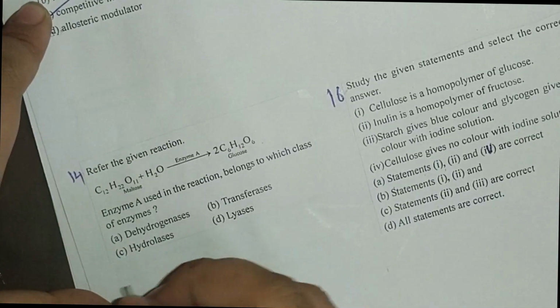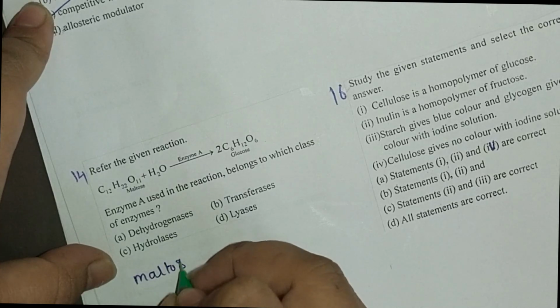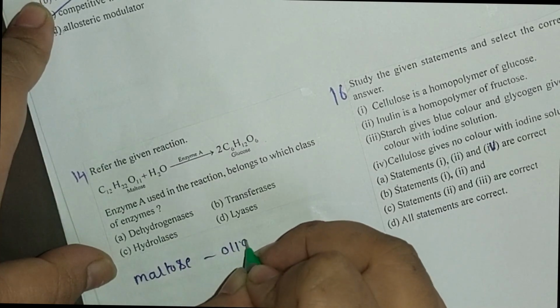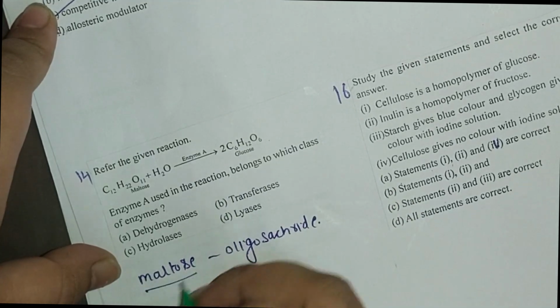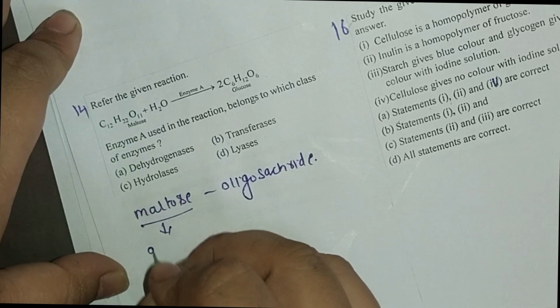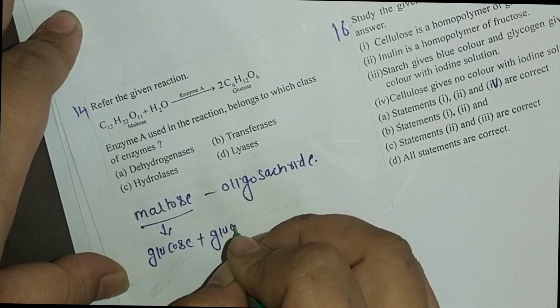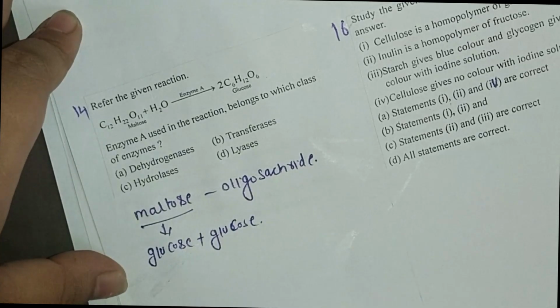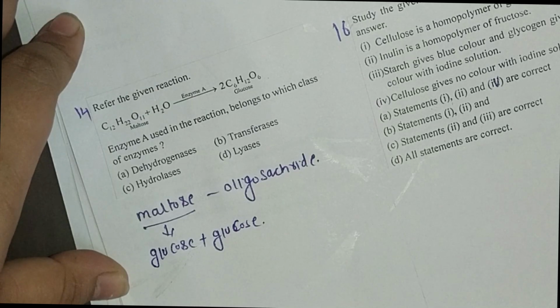Next is maltose. We have studied that maltose is an oligosaccharide, and this oligosaccharide has 2 monosaccharide units, glucose plus glucose. They have asked which enzyme reaction is used to break this.